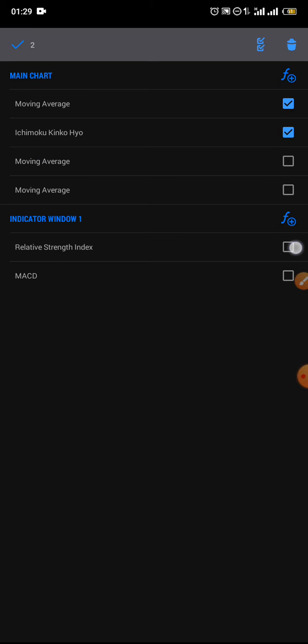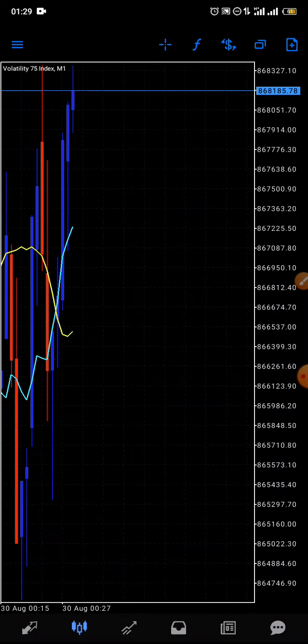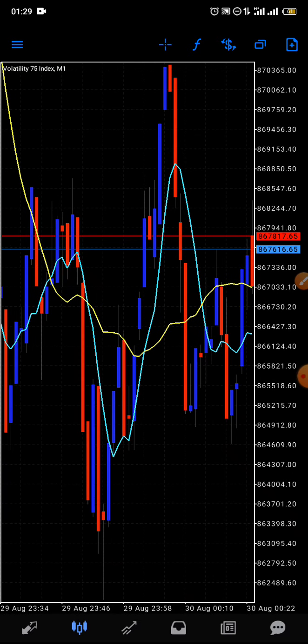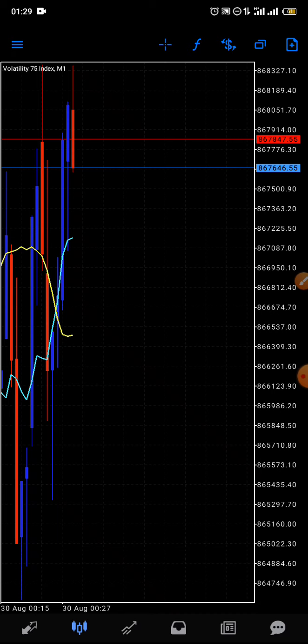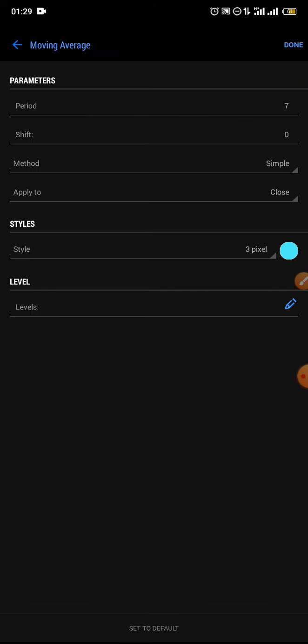These are the indicators for Boom and Crash which I dropped using the Beasting Golden strategy. Okay, so basically what we just need here are two indicators, and those are our moving averages. First, we have our moving average, period 7.